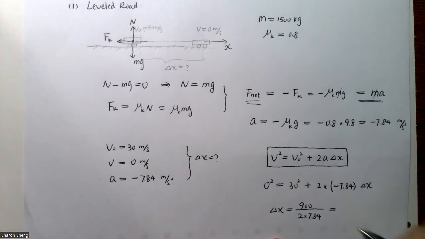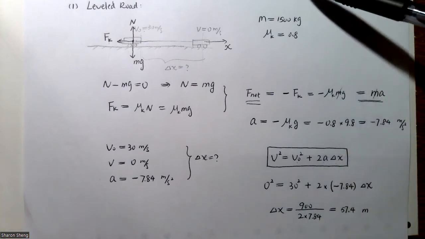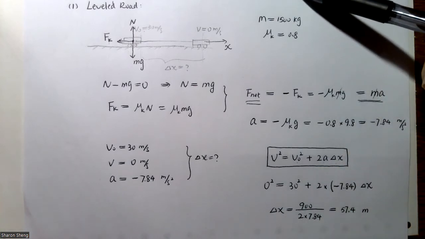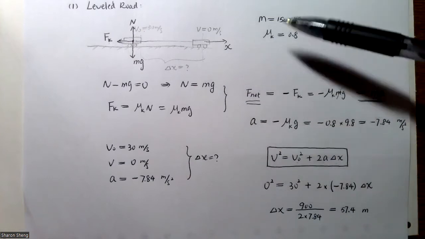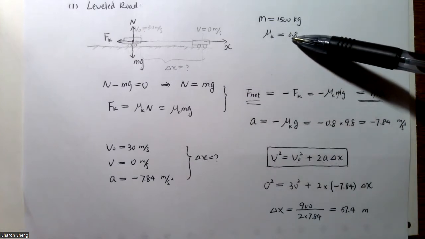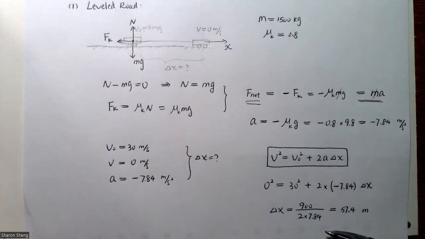Doing the calculation, we get delta x is about 57.4 meters. So if the car is moving on the leveled road, when the brake is on, there is friction force between the tire and the road. When mu sub k equals 0.8, it will fully stop at a distance of 57.4 meters.